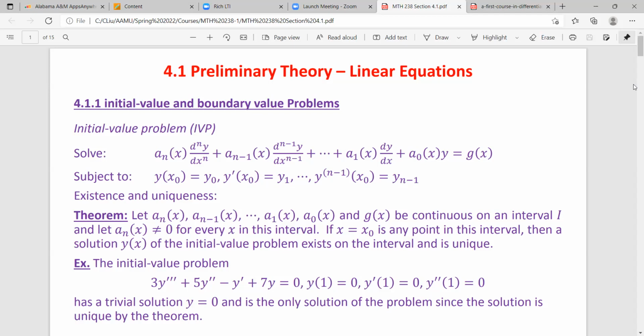If there is no solution for the problem, then you don't need to try to solve it. Or if the solution is not unique, then you have to find out which one is the actual solution of the problem.